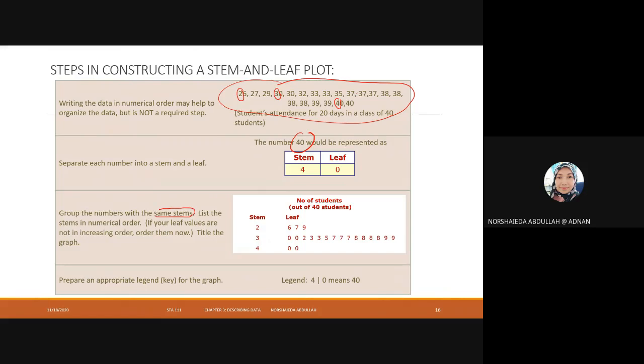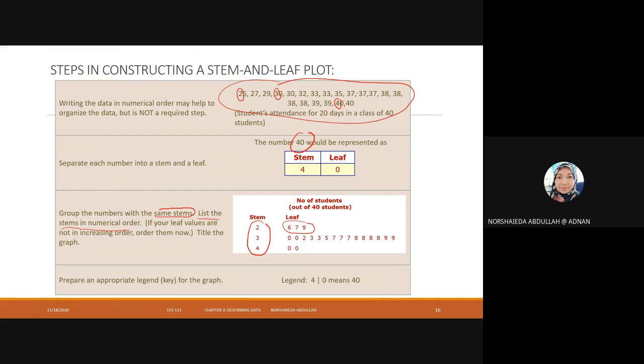We list the stems in numerical order, from smallest to largest. After that, we write down the leaves. The leaves also must be in order, from smallest to largest.